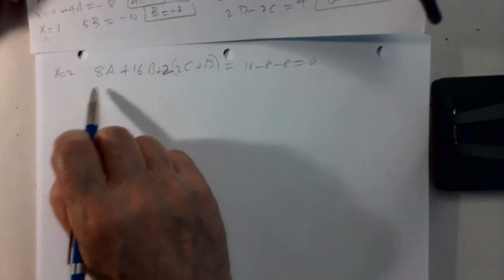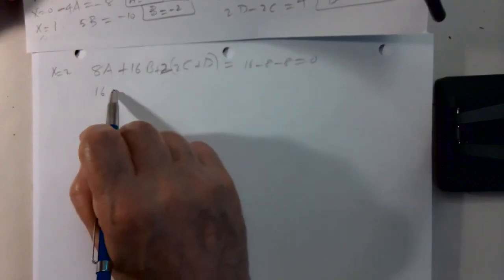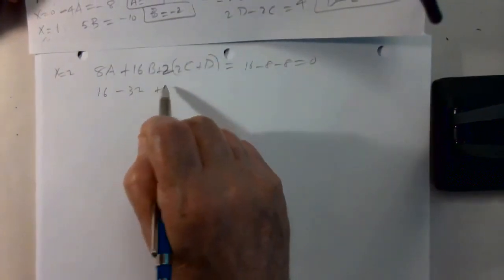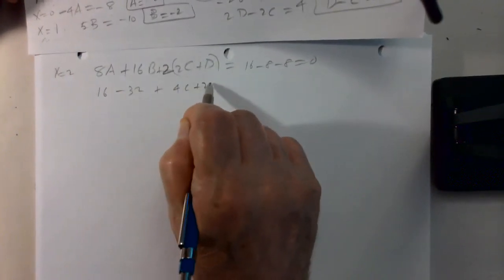And a is 2, so this is 16, and b is negative 2, and this is 4c plus 2d equals 0.